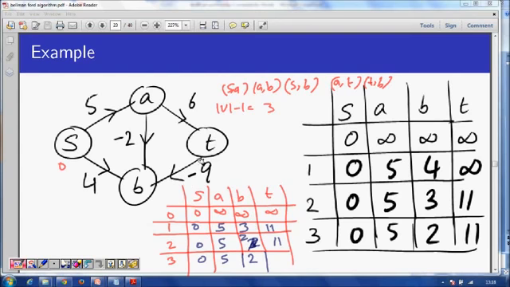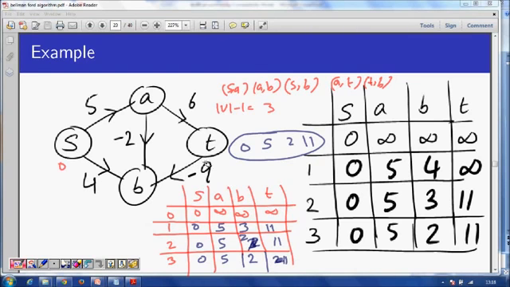A to T, 5 plus 6, 11, it will remain, and T to B is already 2, so it will remain like this. So this will be 11. Now we see finally that 0, 5 to 11 are the final shortest distances from S to T. So this is what is needed.